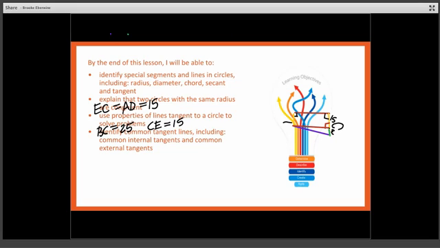So if I subtract those two, that will give me the length from B to E. So we have to take BC and subtract off CE, which is 25 minus 15. So that tells us that BE has a length of 10.